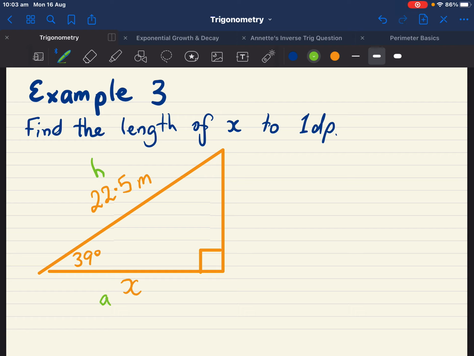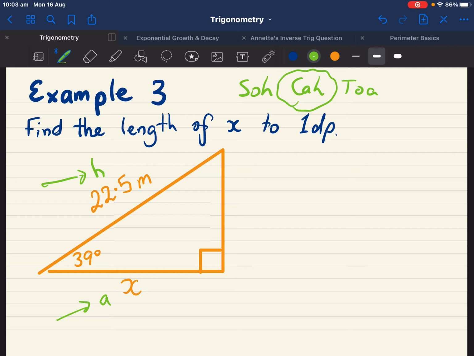This question is an A and H question. You would then be looking at the SOHCAHTOA, which you probably have written at the top of your book right now. Which one has A and H? It's the middle one. It's the cos ratio that has A and H. It's the C from SOHCAHTOA.